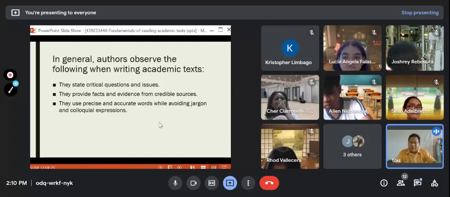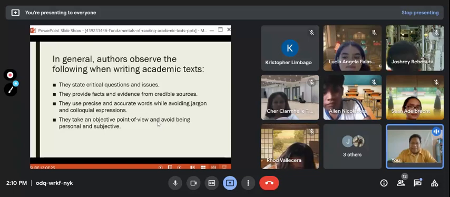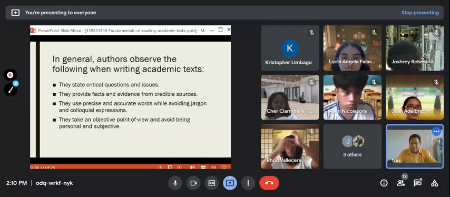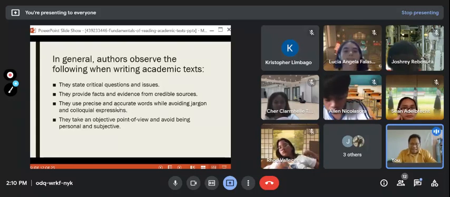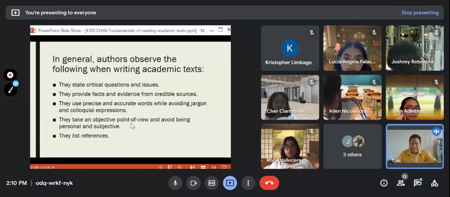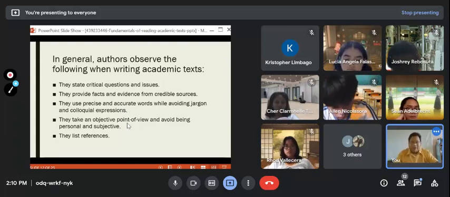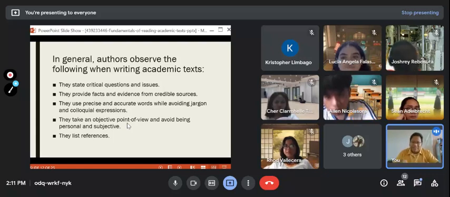All the more with colloquial expressions. Academic text writers also take an objective point of view and avoid being personal and subjective, because in the first place, for an academic text, the writer sets himself and his emotions apart from the intent of the material. Most importantly, references are listed down that could establish the credibility of the one making the academic text.